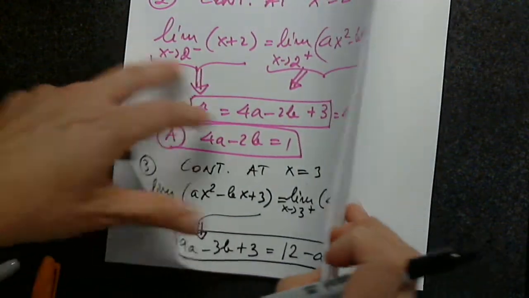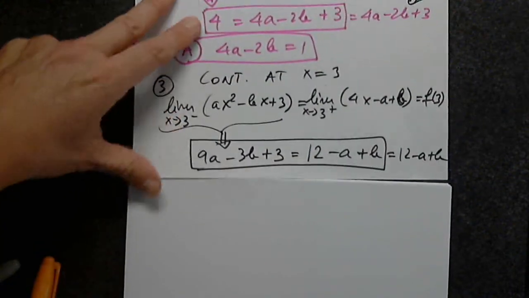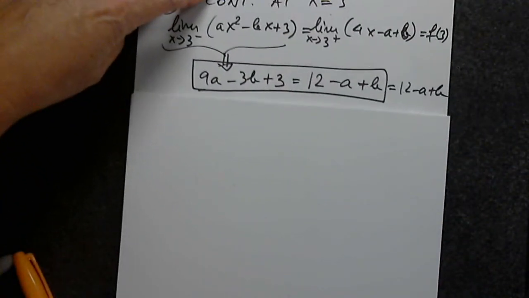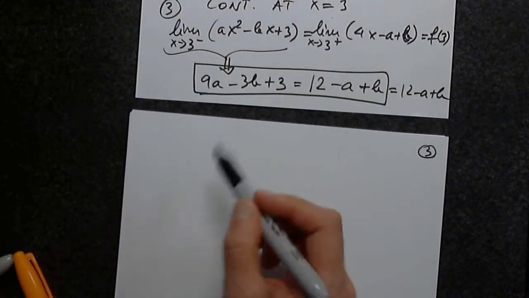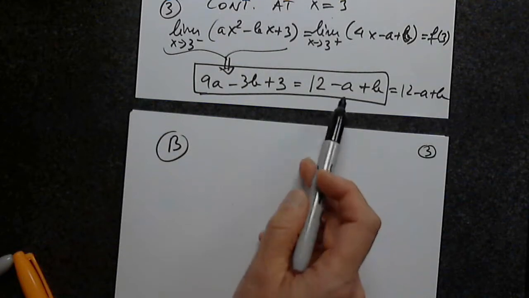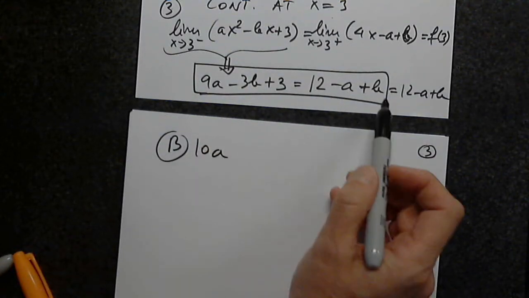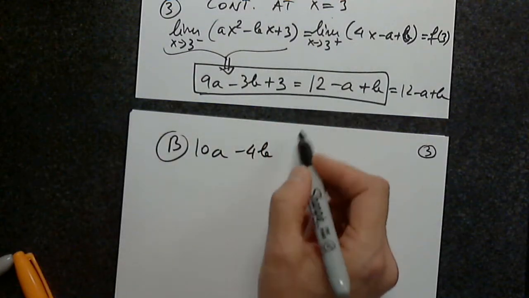And from here, I will get equation uppercase B. So I'll move terms around for equation B and put it in correct order. I'm adding A, I'm subtracting B, and I'm subtracting 3.